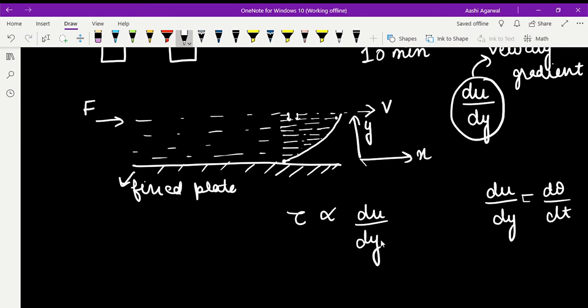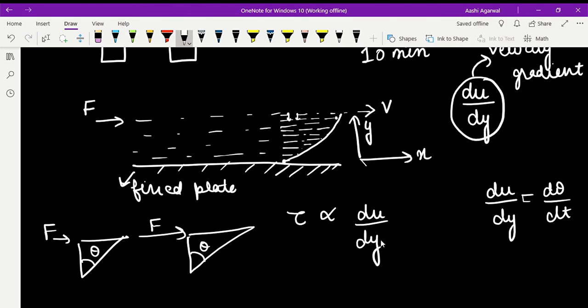So the more force applied, the more the rate of deformation. Basically in fluids, we do not talk about the total deformation, we talk about the rate of deformation. If I apply more force on the same fluid, it will deform at a higher rate. So the rate of deformation increases with the force applied.